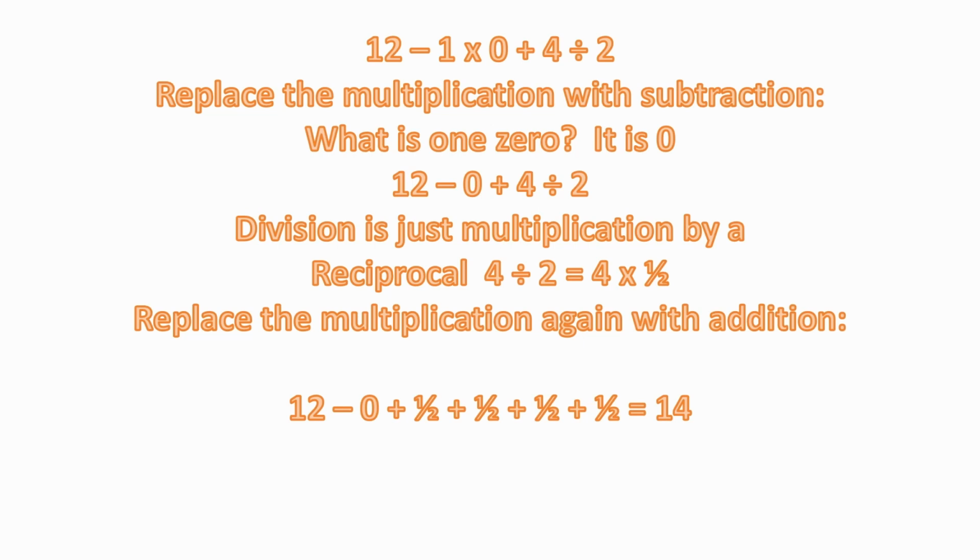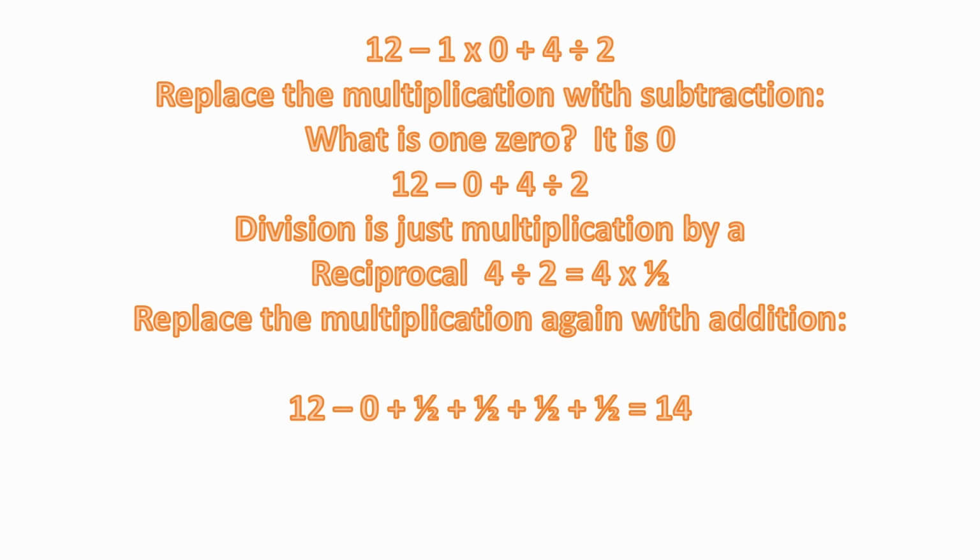So again, 4 divided by 2 is the same thing as saying 4 times 1/2. And as I said before, multiplication is repeated addition. Multiplication is just a form of shorthand. It's much easier to write 4 times 1/2 than it is to write 1/2 plus 1/2 plus 1/2 plus 1/2. But I'm trying to drive home the point that you can convert your multiplication and division all into addition and subtraction, which simplifies this problem.